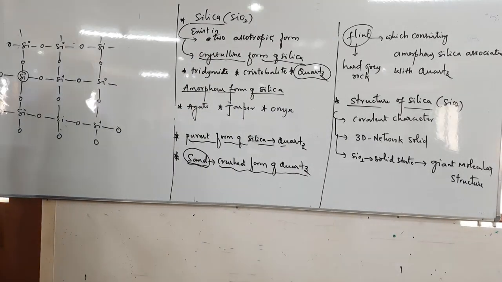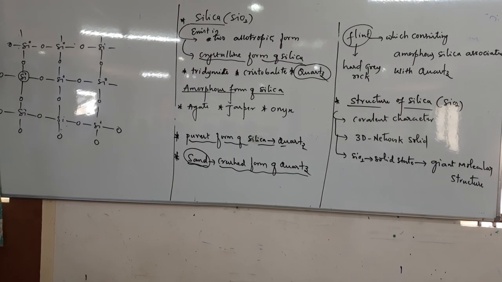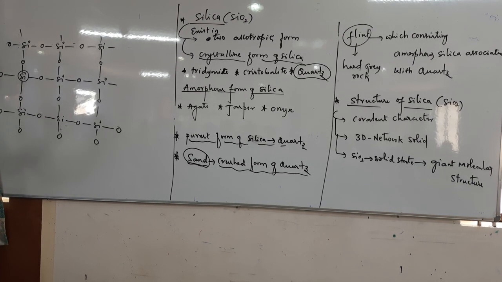Okay, and you just consider this particular SiO2 structure. It is an 8-membered ring with alternate silicon and oxygen bonding.